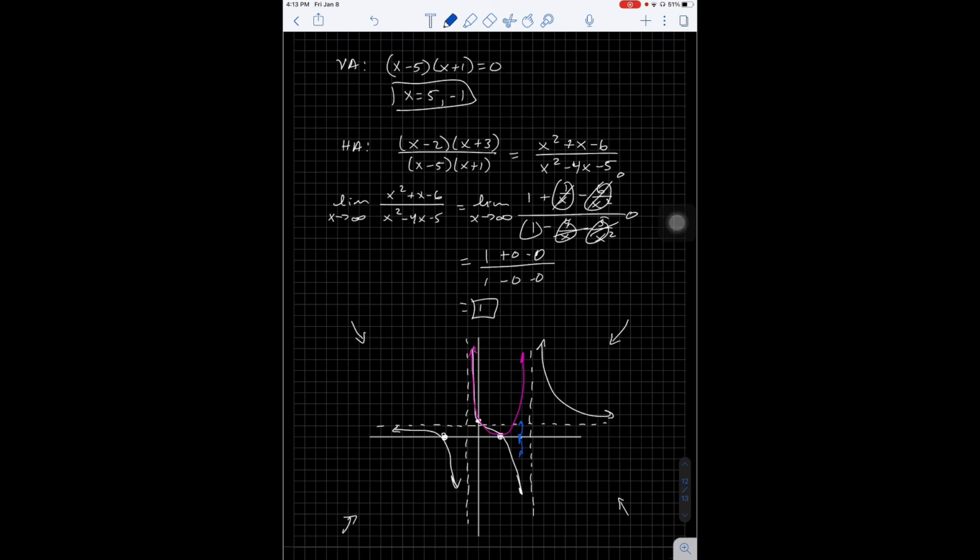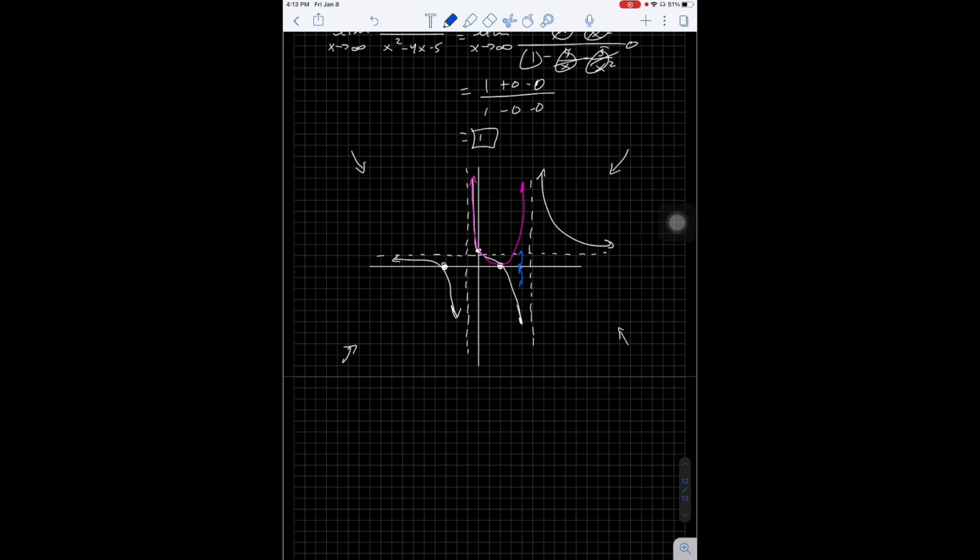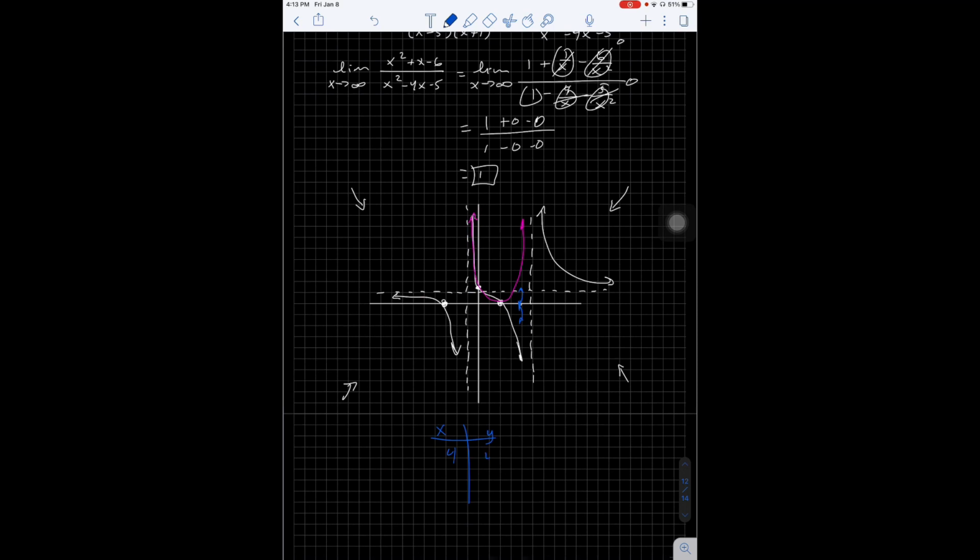So if I plug in x equals 4, then I should be able to tell what's happening. And again, all I need to do is know if it's positive or negative. So some of you guys might be able to just look at that and tell me. This is going to be 16 plus 4 minus 6.